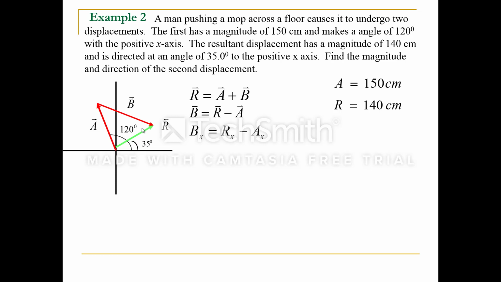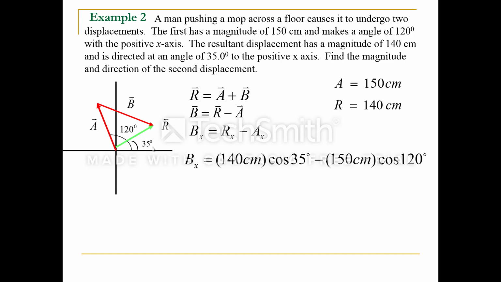So I have to do the x components, okay? Whenever you're working problems, you always have to separate x's and y's. So that means vector B's x component would be R's x component minus A's x component. So my Rx component would be my resultant magnitude, which would be 140, okay, that's why I labeled it, and then its angle, 35.